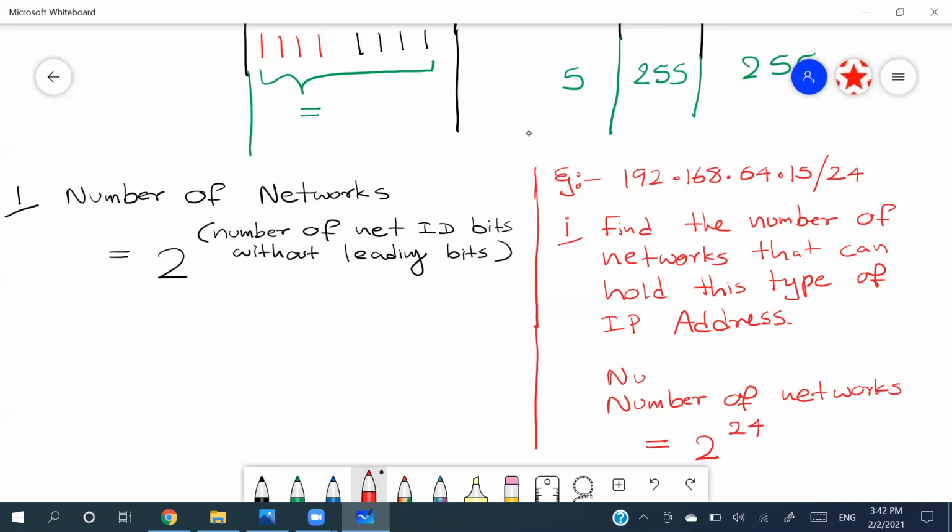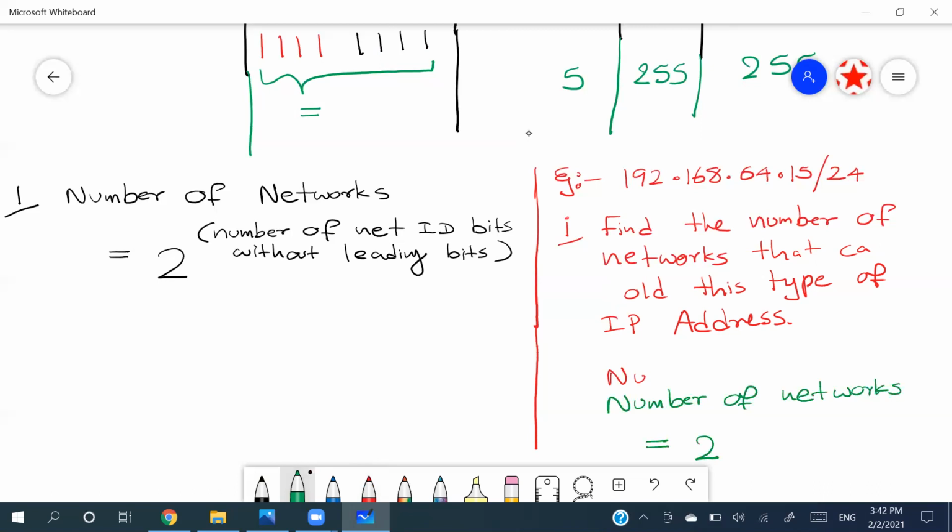Why am I saying it's 2 to the power 24? Because CIDR notation says how many net ID bits are there. Actually, 2 to the power 24 is not the one. I wrote it in an incorrect manner. So CIDR notation says it's 24. There are 24 net ID bits in there.